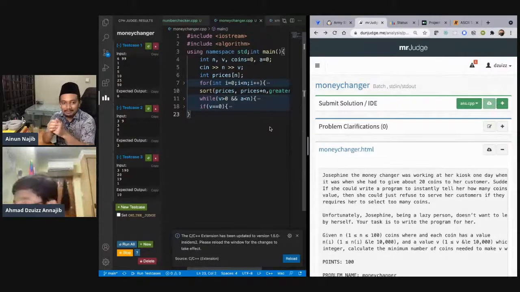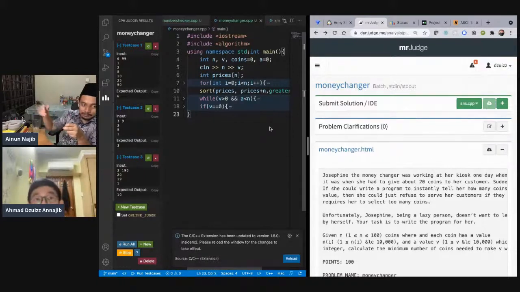You can add coin 1 if you start from money minus 1. You can add coin 5 if you start from money minus 5, right? So imagine if you always keep track of the minimum number of coins you can use to reach this amount of money, then you will be able to tell the minimum number of coins you need to reach the additional ones also.